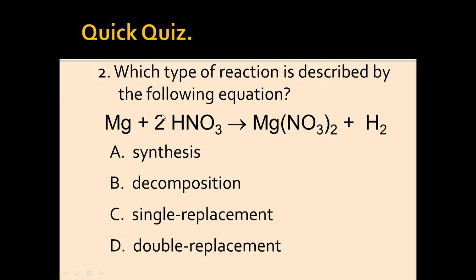So you can just think about the marriage analogy, that there's one couple and one not in a couple, and so it just cuts in. Or you can just think about the name, single replacement. One element is replaced by another. So the answer is C.